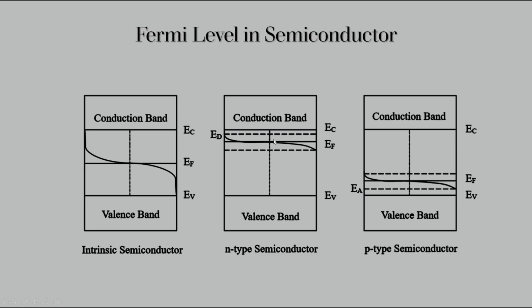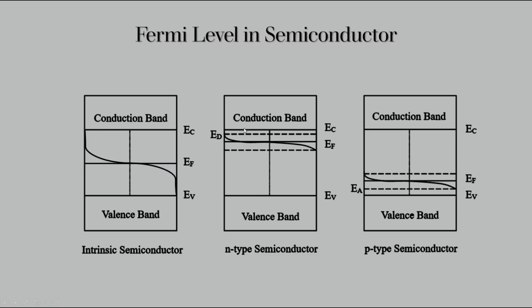Whenever we dope with more electrons, the level of Ec will slightly move down to a value of Ed, so that the affinity of electrons to move towards the conduction band increases, and at the same time the Fermi level will go up because the electrons have more affinity to move towards the conduction band.